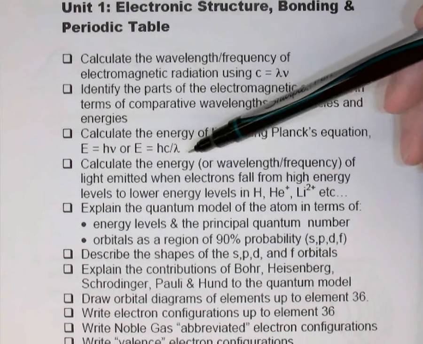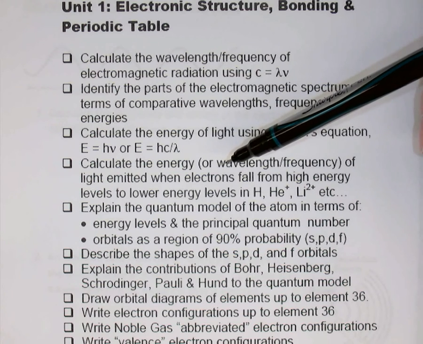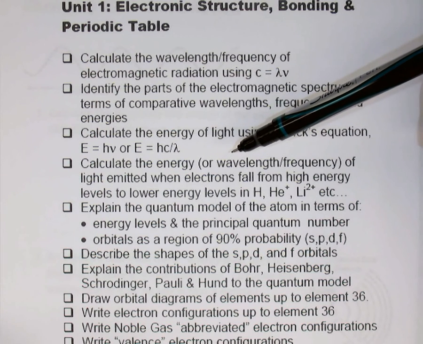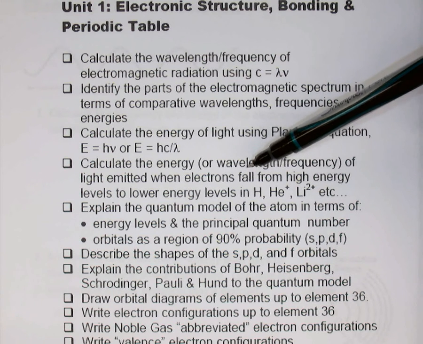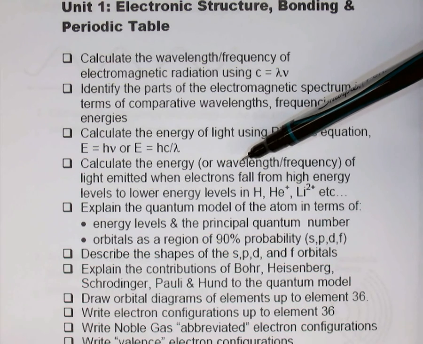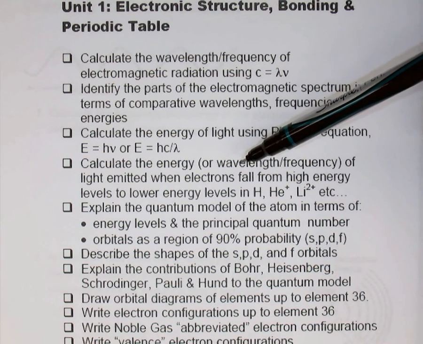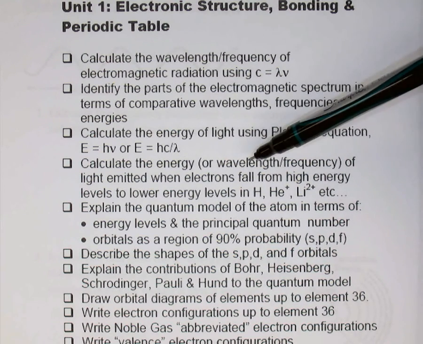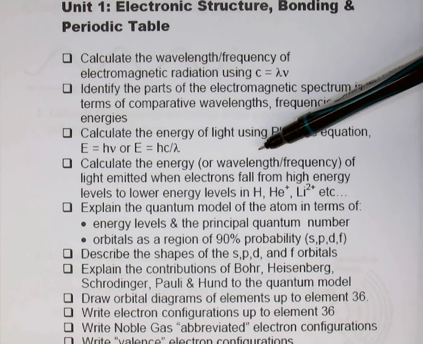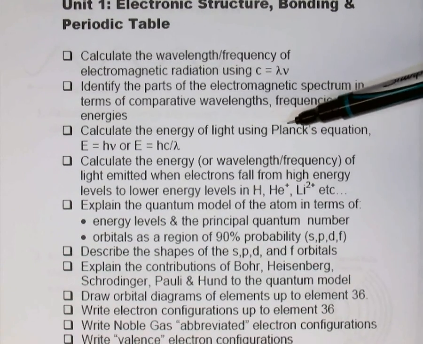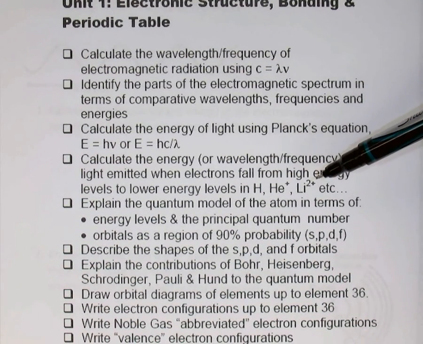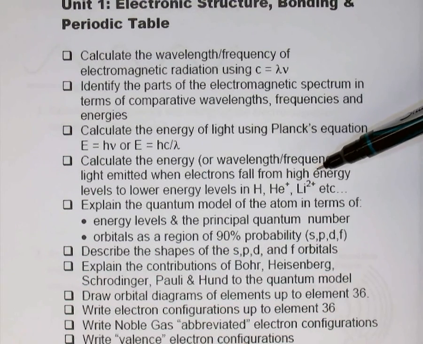So we then moved on to take a look a little bit more deeply at the Bohr model of the atom. We had an equation with the Bohr model for finding the energy of electrons in different energy levels. Using that equation and Planck's equation, we could calculate energies, wavelengths, and frequencies of electromagnetic radiation emitted when electrons fall from higher levels to lower levels in single electron species.